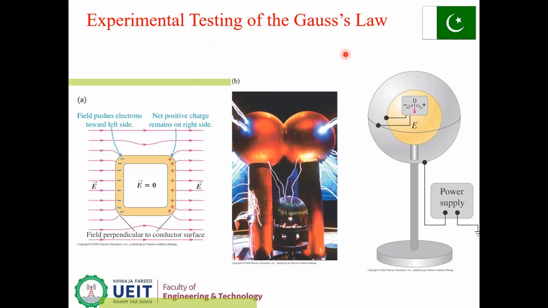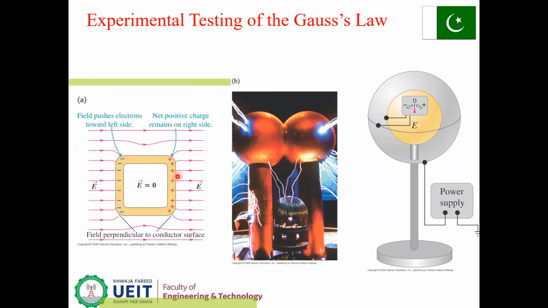Experimental testing of Gauss's law. Field pushes electrons towards the left side, and field pushes the positive charge to the right side. Electric field intensity is coming out of the positive side, and going into the negative side.